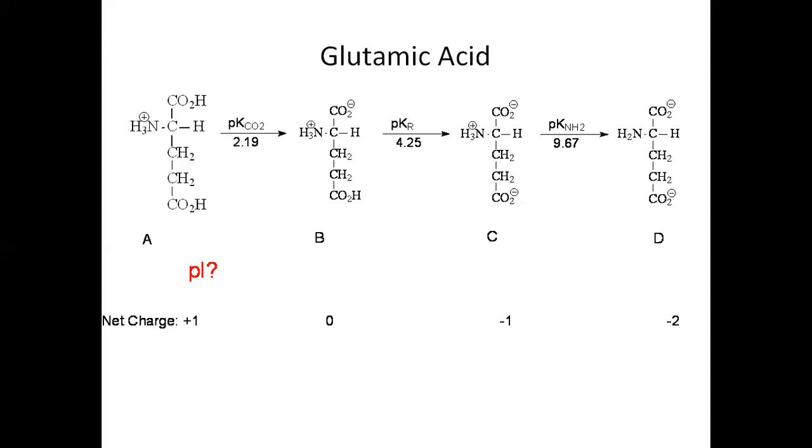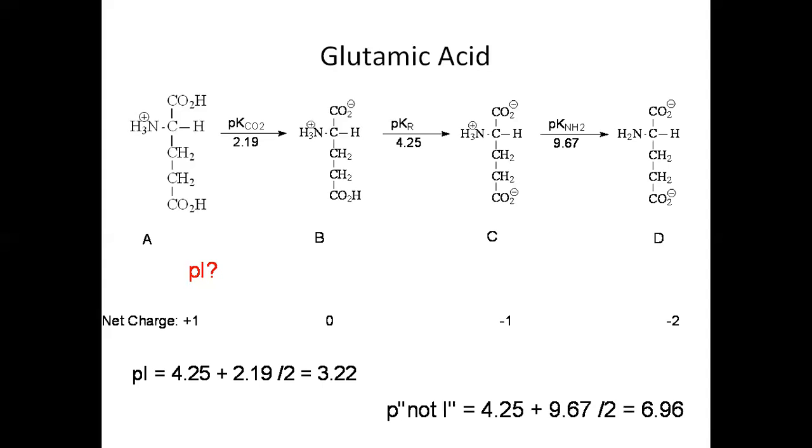The isoelectric pH is always determined by adding the pK values on either side of the 0 net charge, which in this case is going to be 4.25 and 2.19. Those values are added together and divided by 2 to yield the isoelectric pH of 3.22.